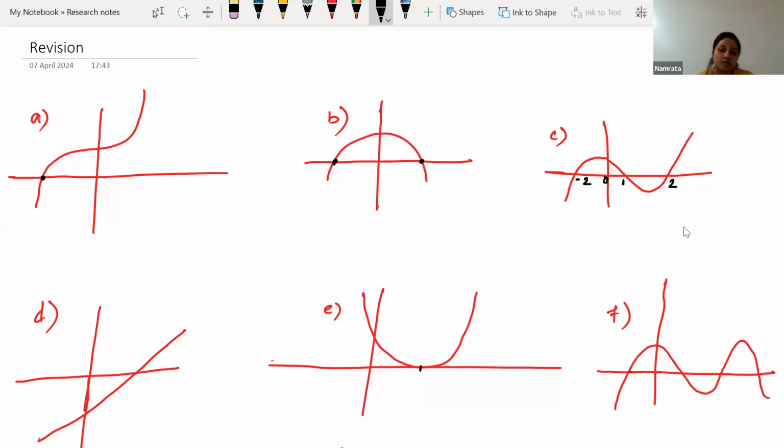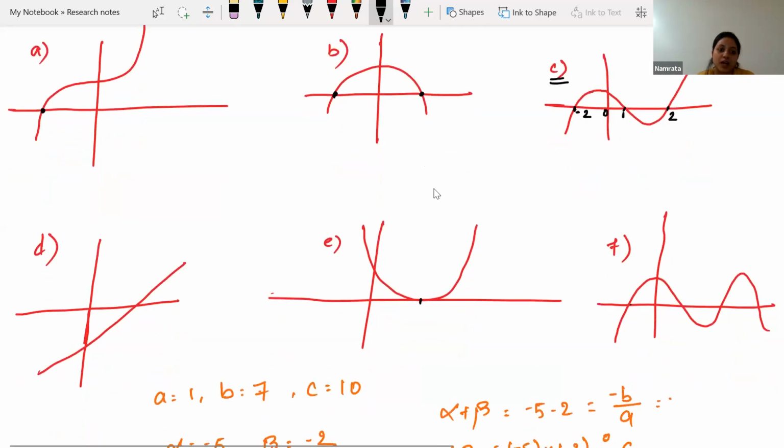What are the points where the 3 zeros are? See, I have indicated the points also. One is -2, another is 1, another is 2. Right? Yes. Next one, how many zeros are there? 2.